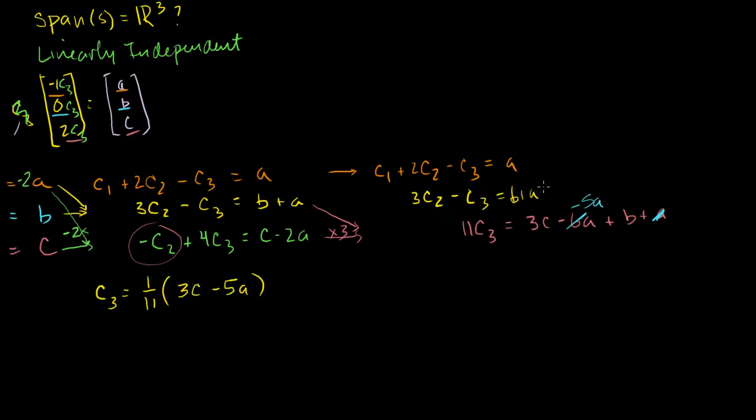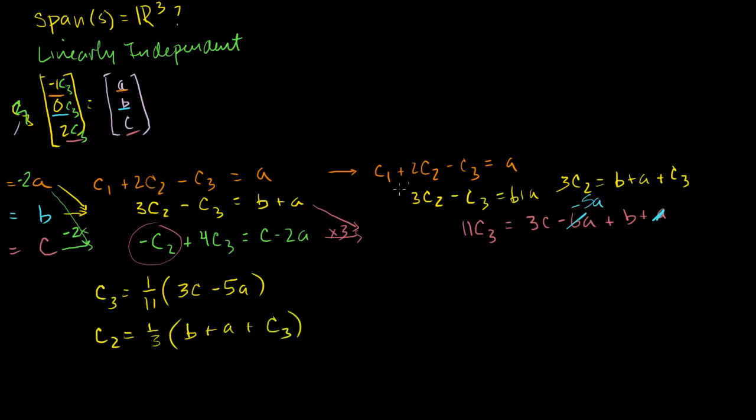If I just add c3 to both sides of the equation, I get 3c2 is equal to b plus a plus c3. And if I divide both sides of this by 3, I get c2 is equal to 1 over 3 times b plus a plus c3. I'll just leave it like that for now.